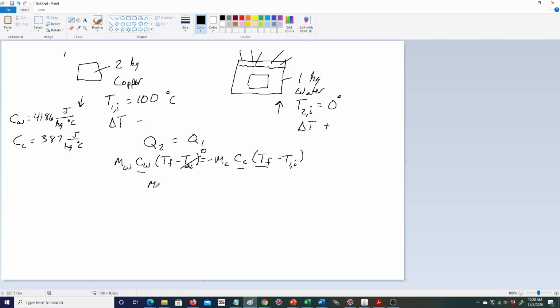So I'm going to have MWCWTF is going to be equal to MCCC, and the negative sign distributed means that this is negative and this is positive, so I'm going to say something like this. So since I'm solving for TF, I want to group those together on the same side.